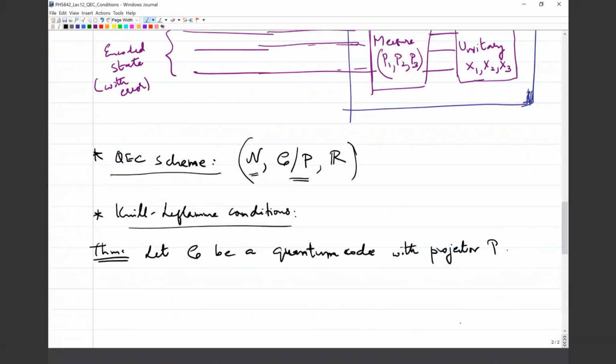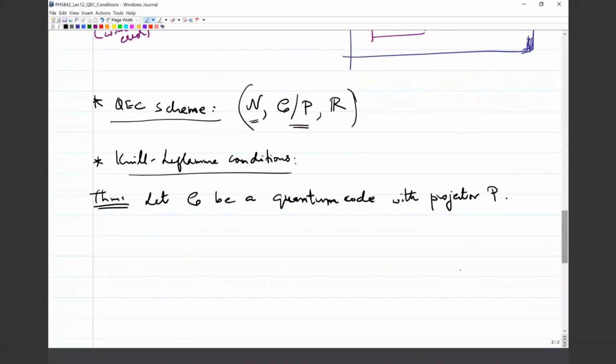And consider some set of errors associated with some noise channel N. Okay.